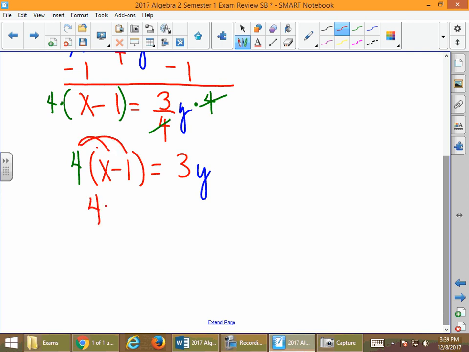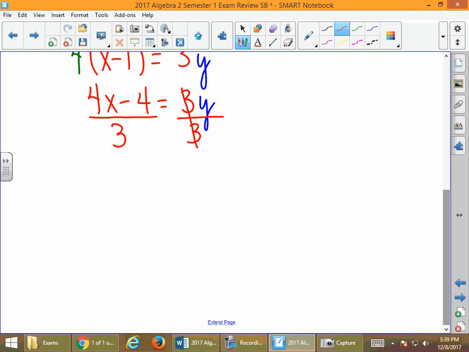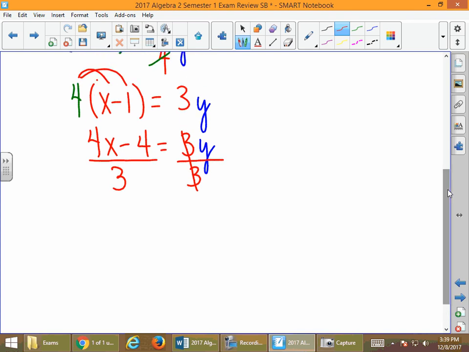We get 4x minus 4 equals 3y. And remember what we're trying to do. We're trying to solve for y. This is 3 times y. So we're going to undo that operation by dividing both sides by 3. And then our inverse will be (4x minus 4) divided by 3 equals y. Again, this is our inverse.